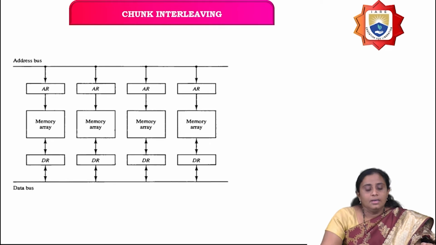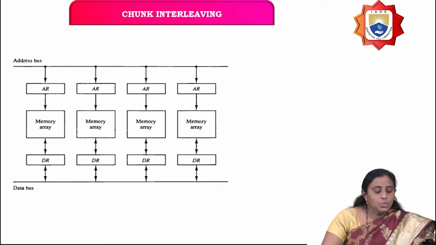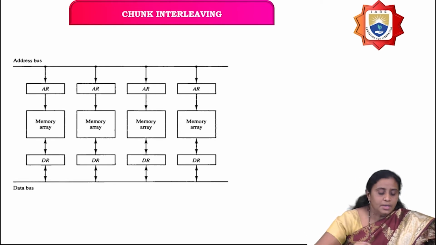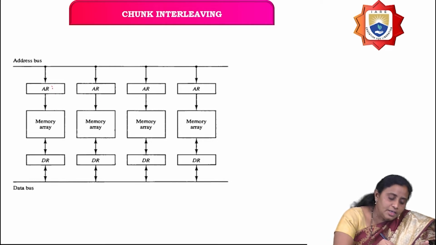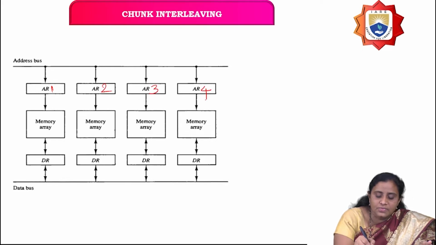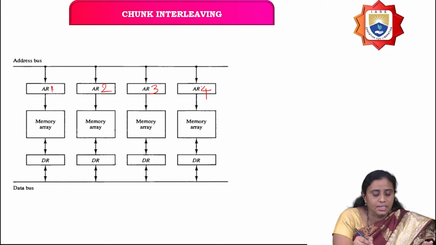So in the given example, I want to show the figure below. The first one is the address bus, AR. An address bus consists of 4 registers: AR1, AR2, AR3, AR4. This is one example of chunk interleaving.